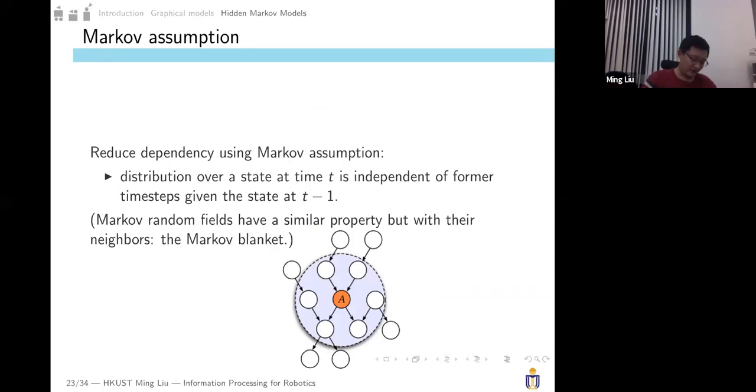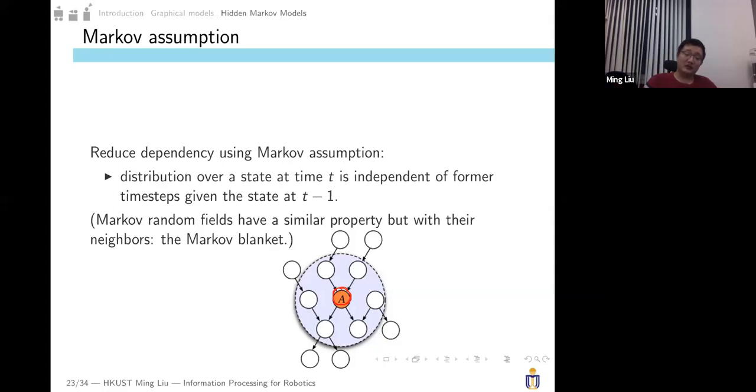I think this page should come before that. So here we want to add these Markov assumptions. In the network, we look at the random variable A. The Markov assumption basically defines a subset of the nodes.